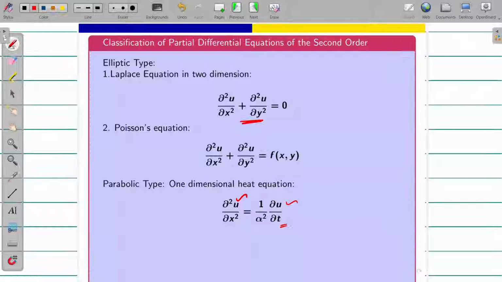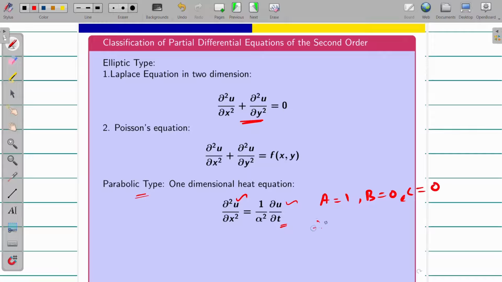One-dimensional wave equation also you studied. I will give that for later. Okay. How will it be parabolic? What is your a in this equation? A value, the second derivative coefficient, is 1. B value, 0. What about C value? C value, the second derivative with respect to y, that also is 0.